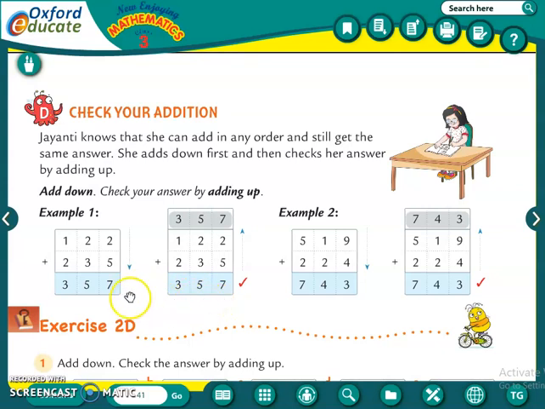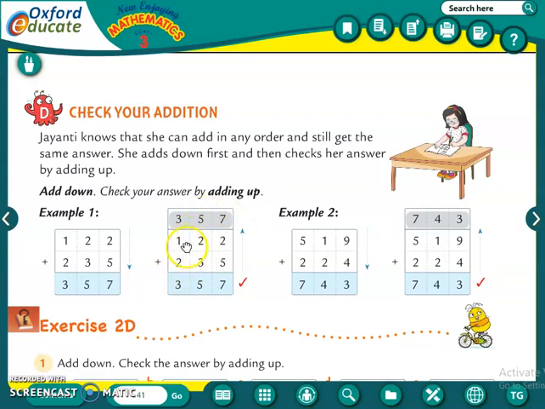Then we will again do addition. Now how will we do this? Here we were doing 2 plus 5. But if we want to check our answer, then we will add up, meaning 5 plus 2 is equal to 7. Then 3 plus 2 is equal to 5.